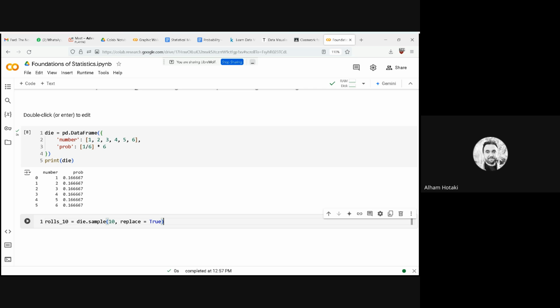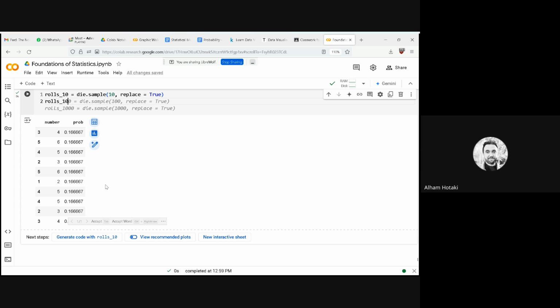So each time you're rolling, all the numbers from 1 to 6 exist, so you're not excluding anything. So events are independent. This is how you can roll a die with 10 samples and see how the 10 rolls look.